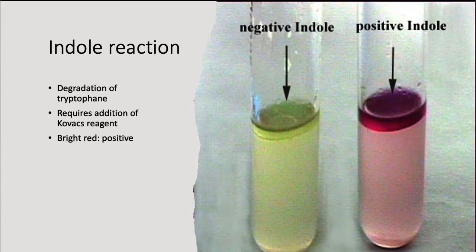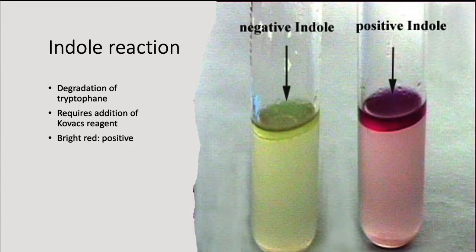With that test, if you look at the table in the original slides, you can see that it's very easy to differentiate between those bacteria if you do the whole panel, because it's hard to find two that have the same reaction for everything. Indole is one of these, and this is also about amino acid metabolism.